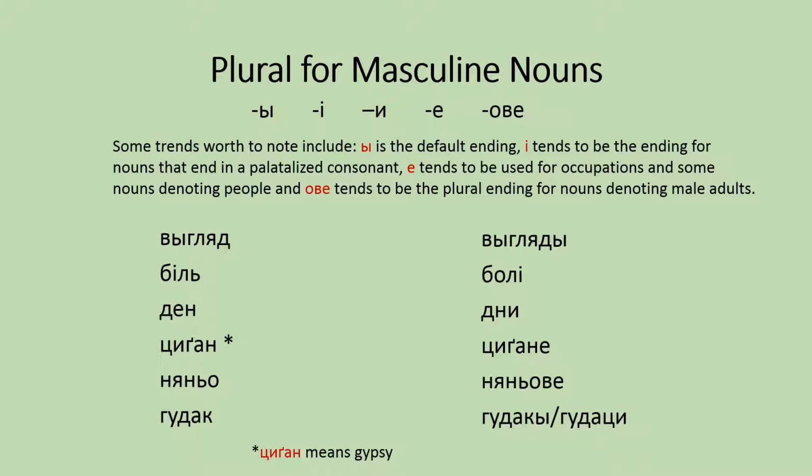Den becomes dny. Cygan, meaning gypsy, becomes cygane. Niaño becomes niañowe.